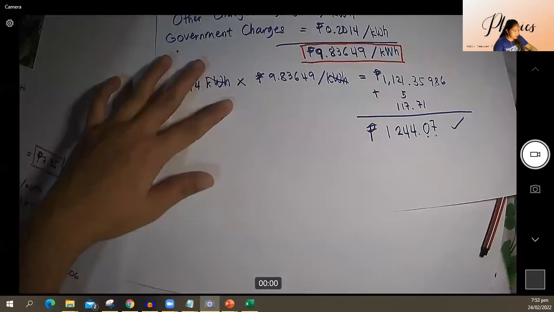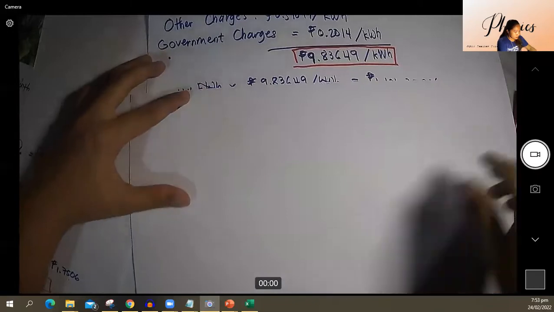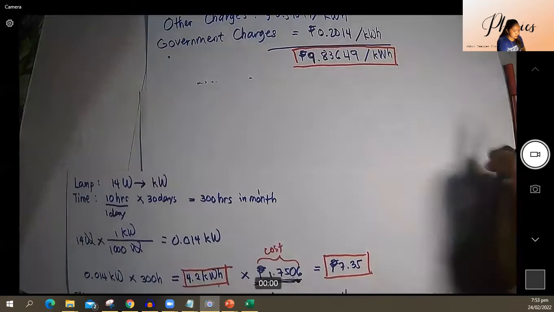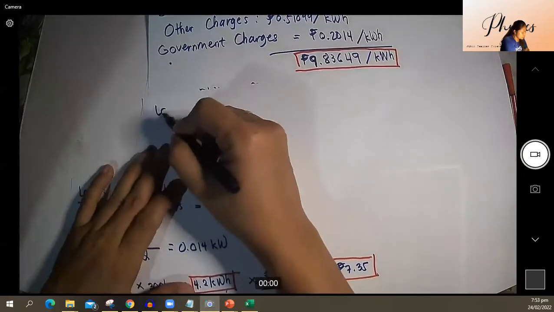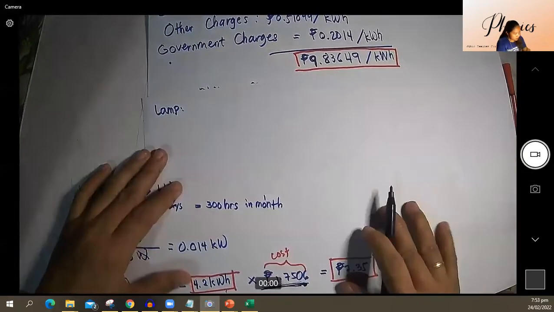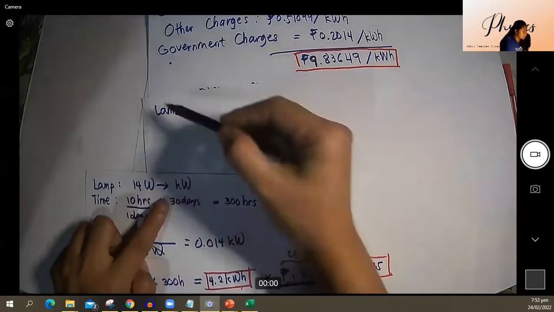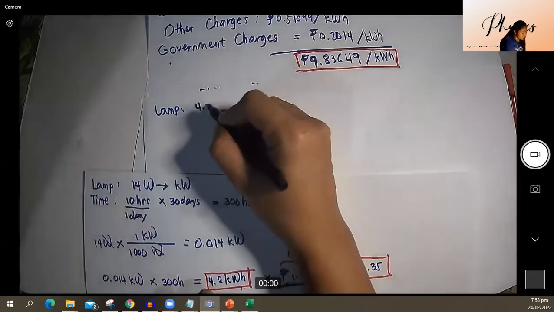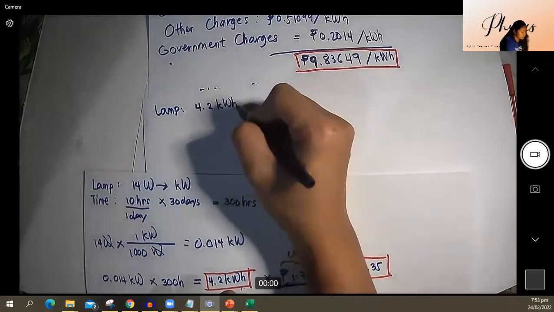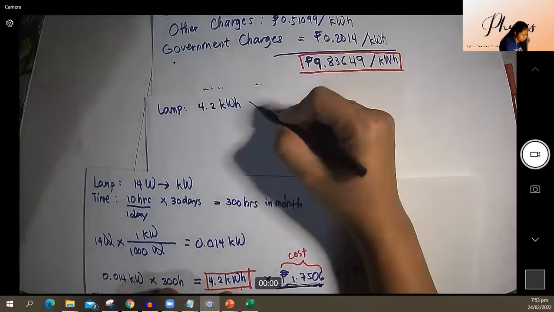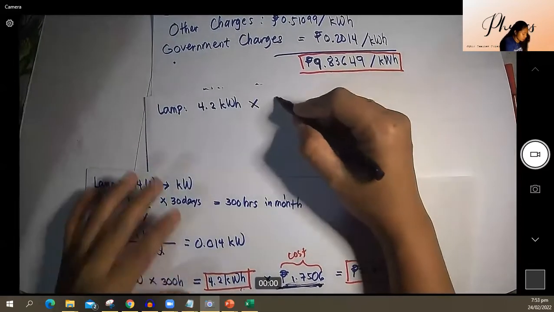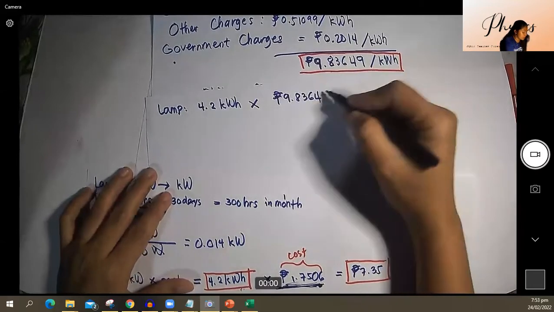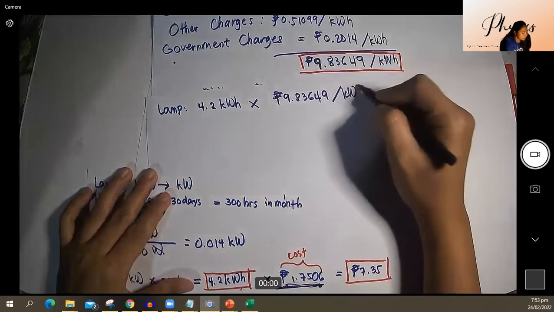For the lamp, we have 14 watts, and we already have 4.2 kilowatt hour. Now we can multiply it by the cost of 9.83649 per kilowatt hour.